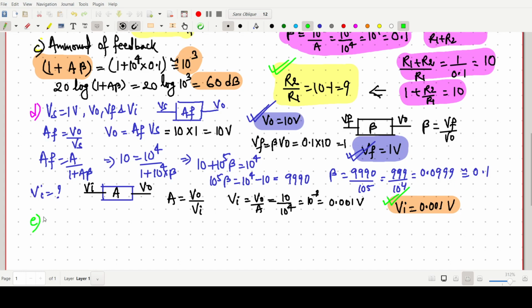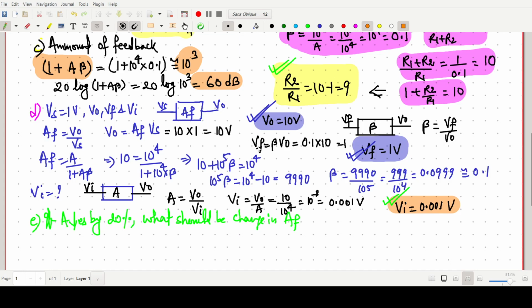This is a very interesting question, and the concept will be clear after solving this particular question.